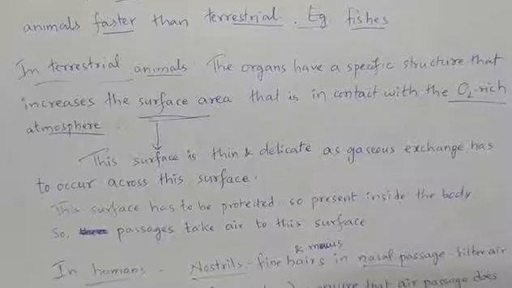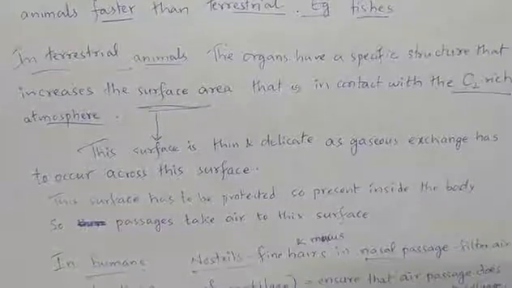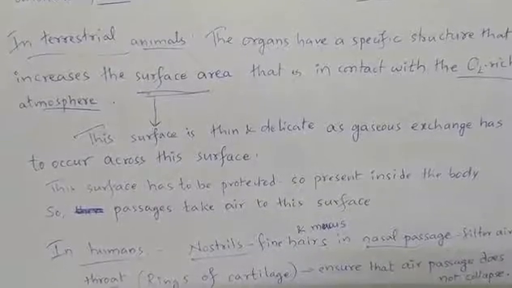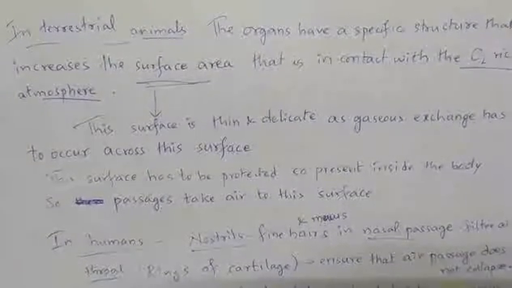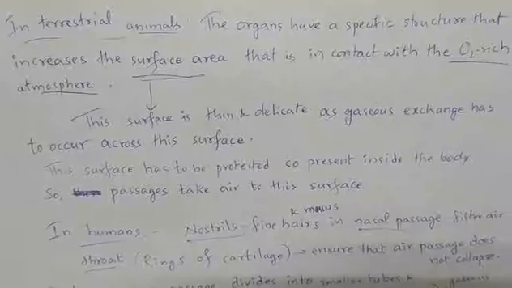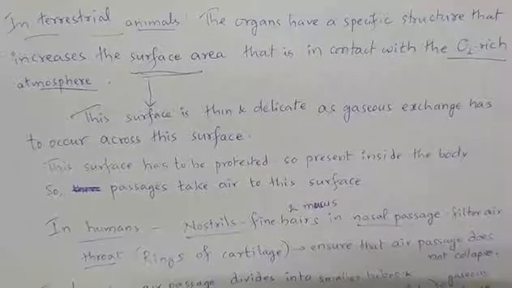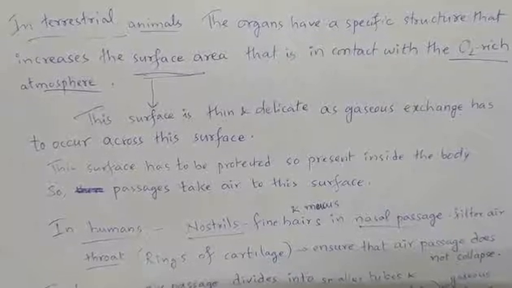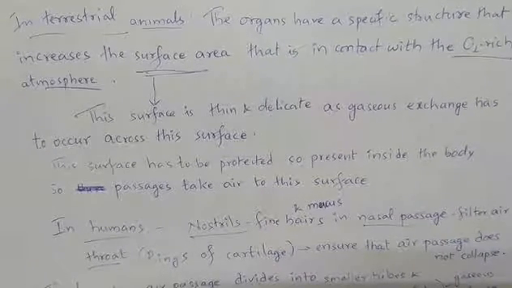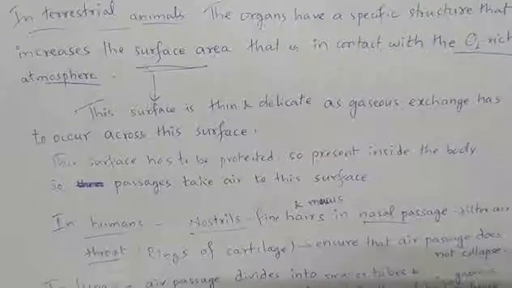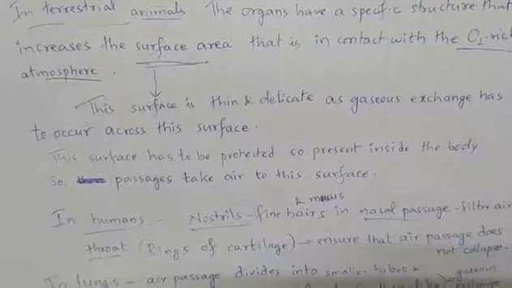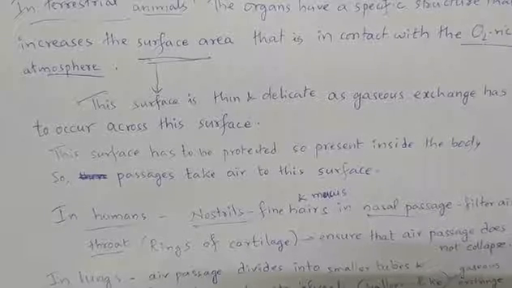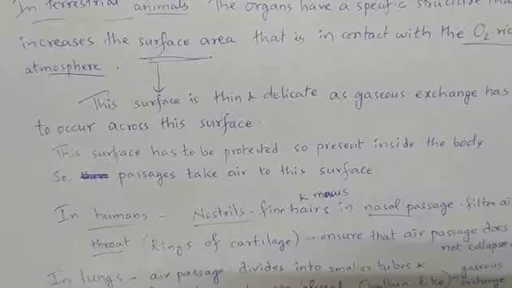This surface area is very thin and delicate, as gaseous exchange has to occur across this surface. As it is thin and delicate, it may easily get damaged if it is present outside.